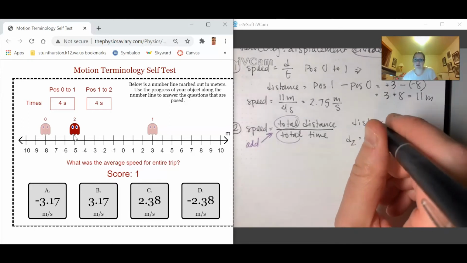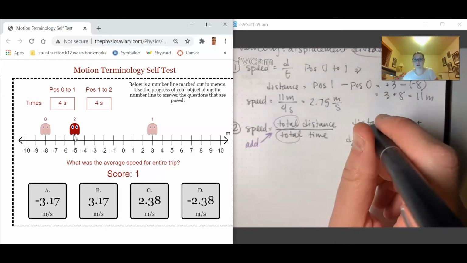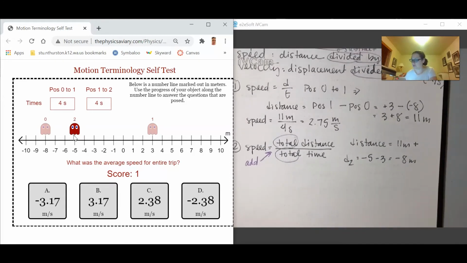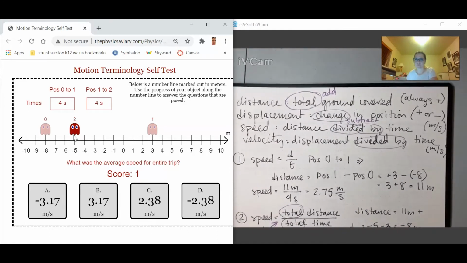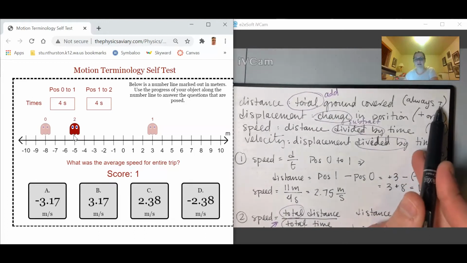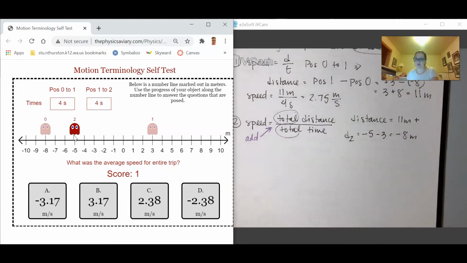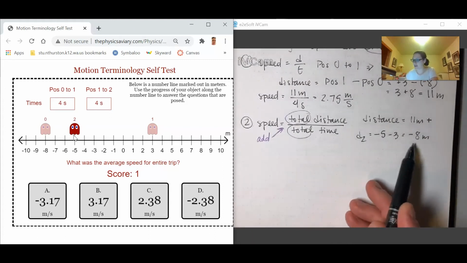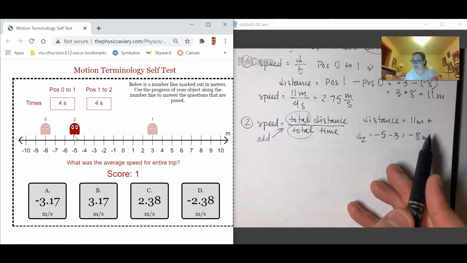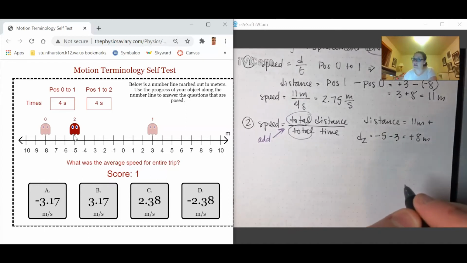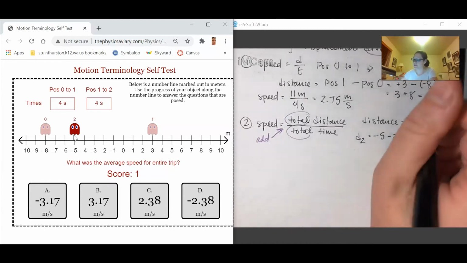I've put a negative here because I'm keeping track of where my position actually is. But a reminder, when we talked about the total ground covered up here, we said it's always a positive number. So right down here where I figured out that the second leg of my trip was negative 8 meters, it's always positive when we're talking about distance.